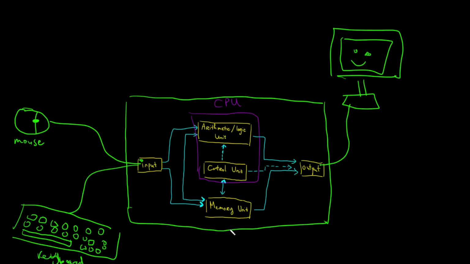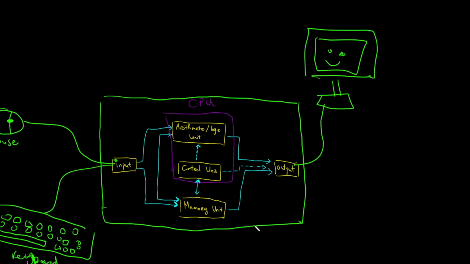Okay, so now let's talk more about those three units, 1, 2, 3. The input unit and the output unit are very simple. Input only cares about the mouse and keyboard, something that you plug into the computer. And output is something that you want to get the data out, like the monitor to show images and stuff.